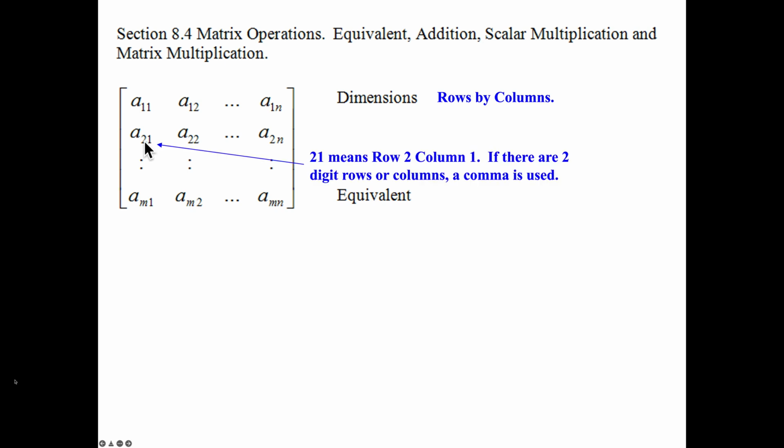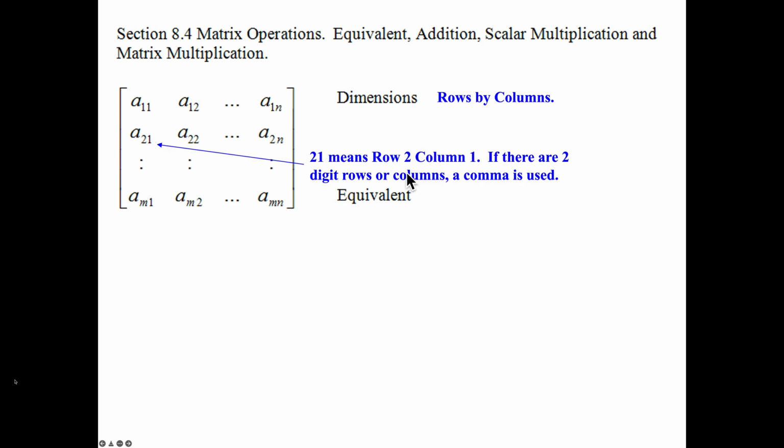That really means this is entry row 2, column 1. That's what that 2-1 really means. Now, if you're dealing with a matrix that's really big and has double-digit rows and columns, then they'll separate it with a comma. So you would see A sub maybe 12, comma, a 1.